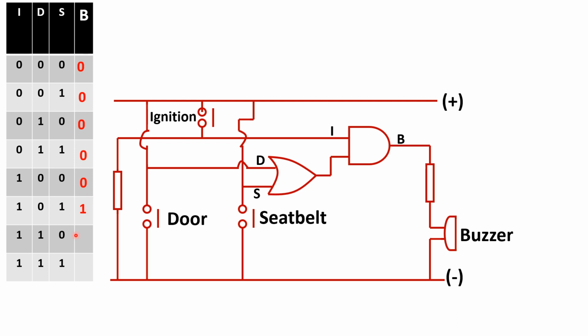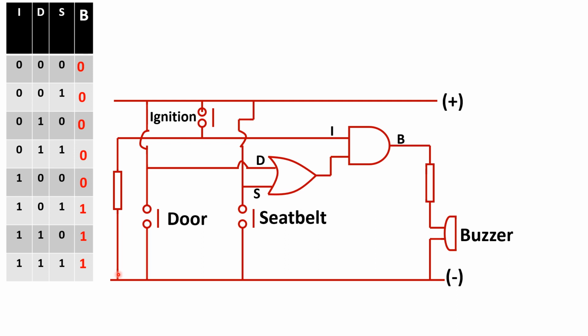And likewise, for IDS to be 1, 1, 0 respectively, we also have logic 1. And finally, for IDS to be at logic 1, 1, 1 respectively, the output at point B also will be at logic 1.